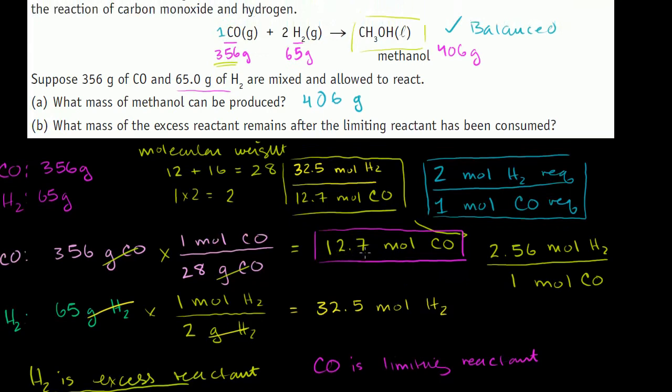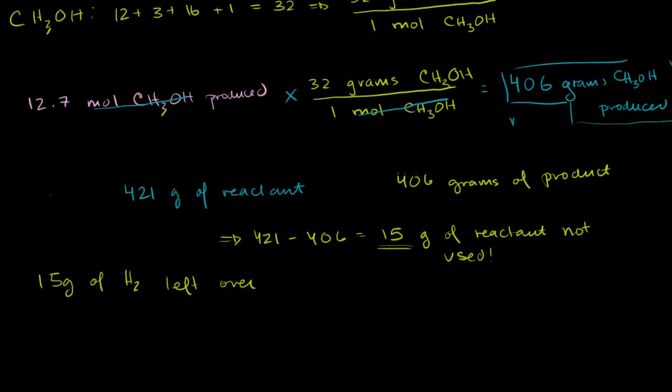What's twice that? 25.4. You need 25.4 moles. You have 32.5. So you'd subtract 32.5 minus 25.4, and that number of moles of hydrogen is left over. You'd multiply it times the grams per mole, which is 2, and then you once again would get the same thing. You would get 15 grams.